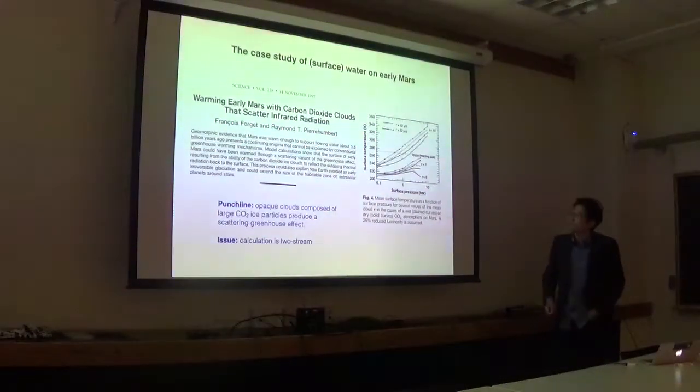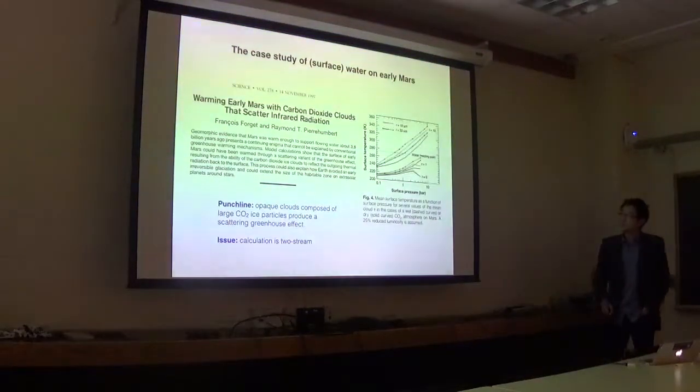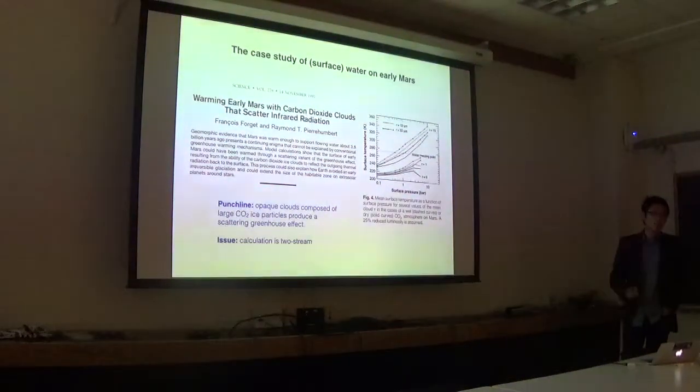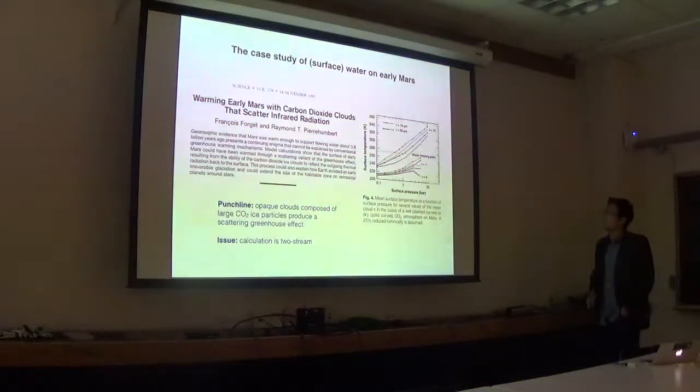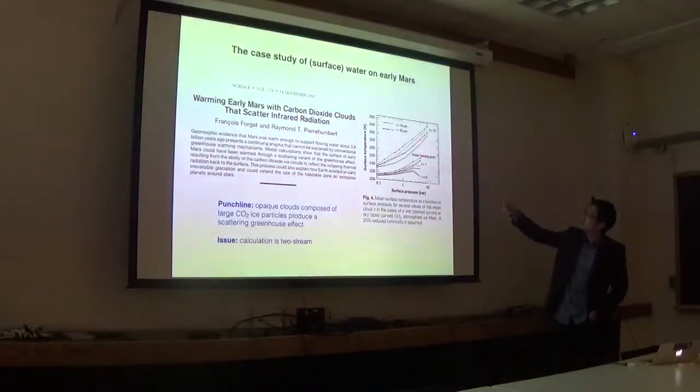This paper, which is very influential in the field, suggests that you could have CO2 ice clouds that do something called the scattering greenhouse effect. So the infrared radiation that's trying to escape the atmosphere gets scattered back into the atmosphere, and this has a warming effect that depends on the optical depth of the cloud, how much CO2 atmosphere there is, and how large the cloud particles are.